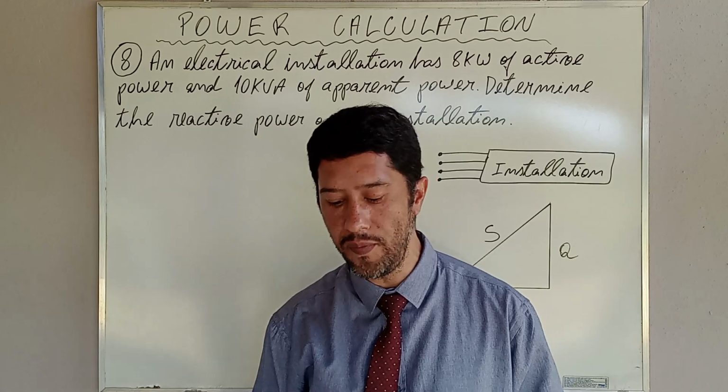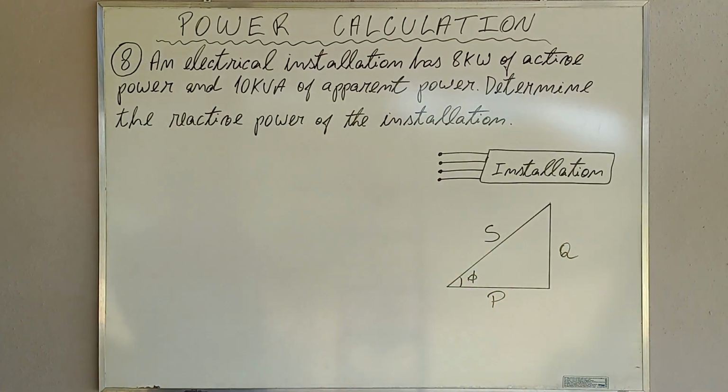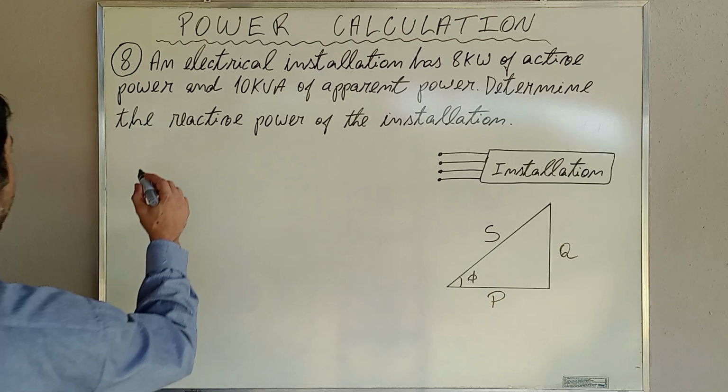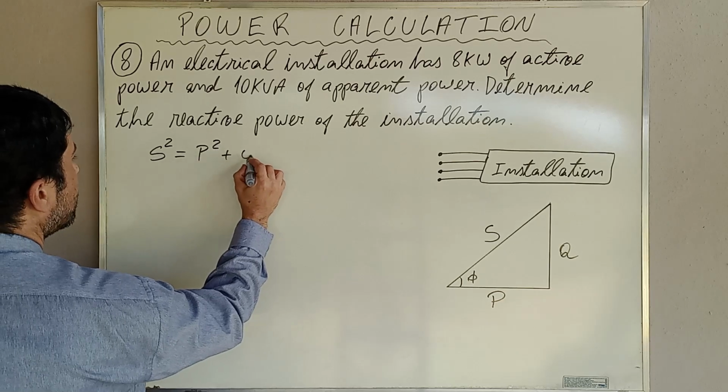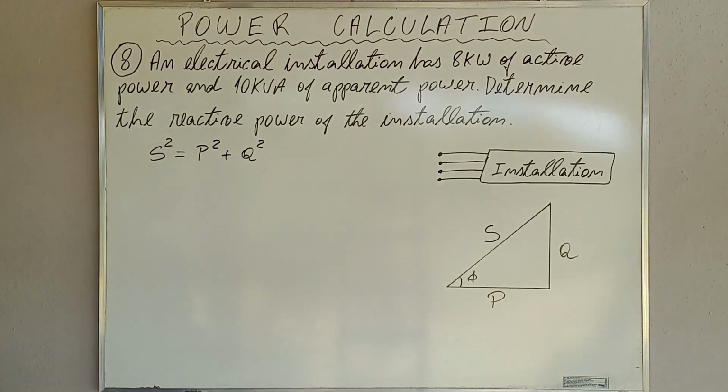Exercise number 8. An electrical installation has 8 kilowatts of active power and 10 kVA of apparent power. Determine the reactive power of the installation. This is the question. Let's go to the solution. Observe that regardless of whether the installation is single phase or three phase, the following relationship holds. S squared is equal to P squared plus Q squared.